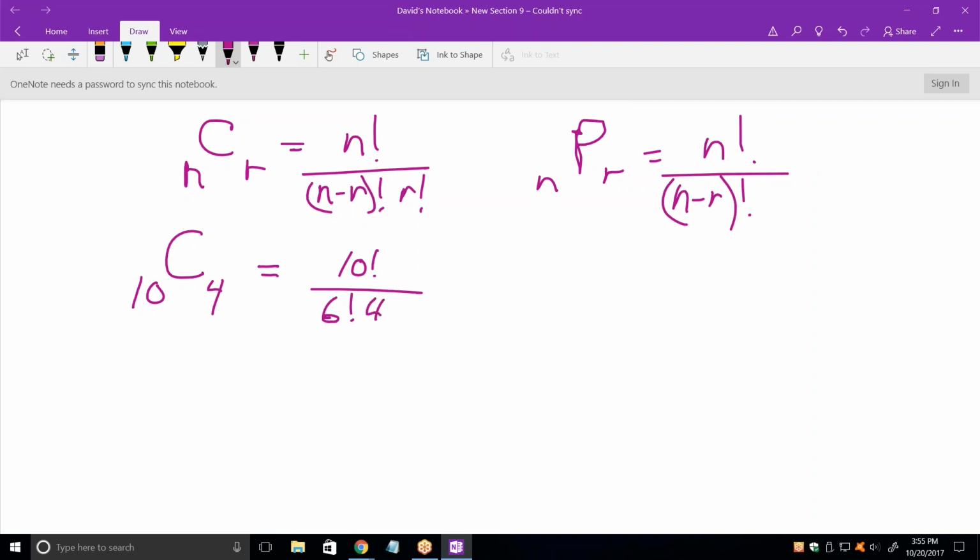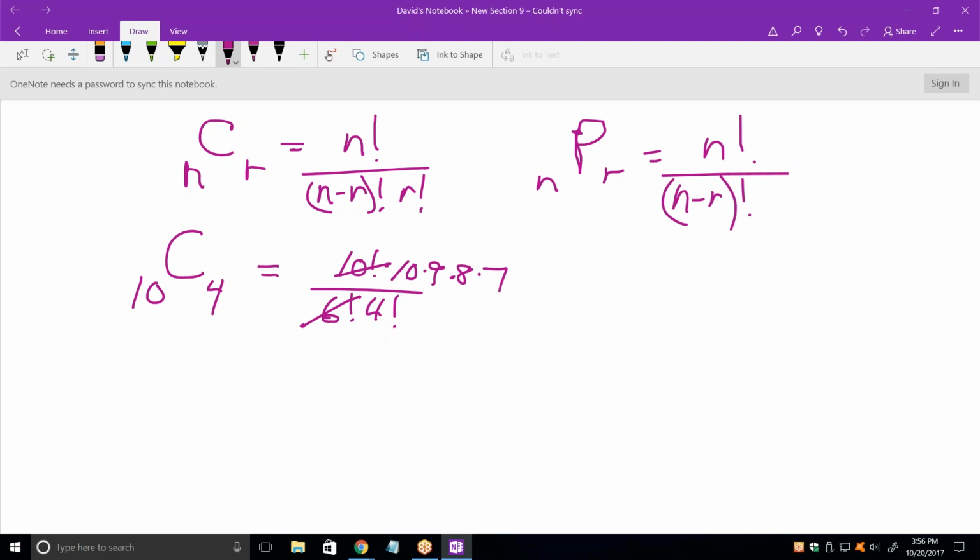Now, the way to simplify these is you don't necessarily do these in your calculator. We know that 10 factorial is 10 times 9 all the way down to 1, and 6 factorial is 6 down to 1. So if I cross out the 6 factorial, the only thing I'm left with in the numerator is 10 times 9 times 8 times 7. That's the standard way you do these. You take the biggest factorial in the denominator and you cross out everything else.